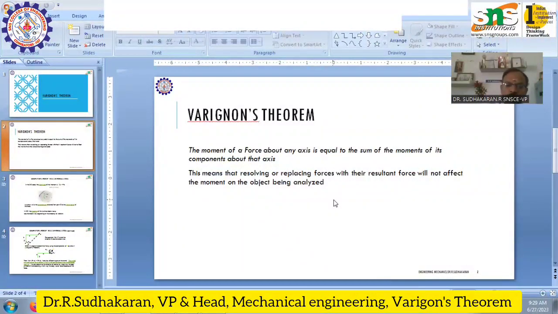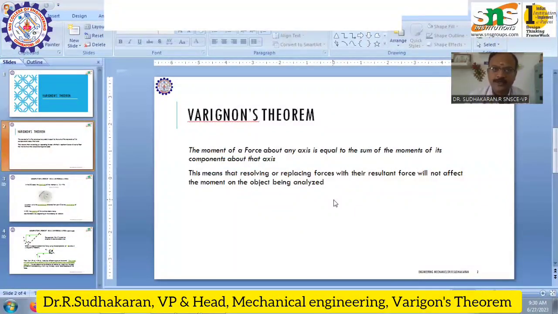This means that if a force is acting in a particular direction, the force is resolved into two components, both horizontal and vertical components. And the moment caused by the horizontal and vertical components, or if there is more than one force acting on the body, the resultant moment of all these forces, if you determine the same, the sum of the moments of all the forces will be equal to the resultant moment of the force.